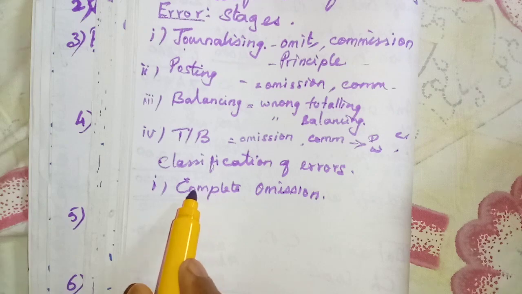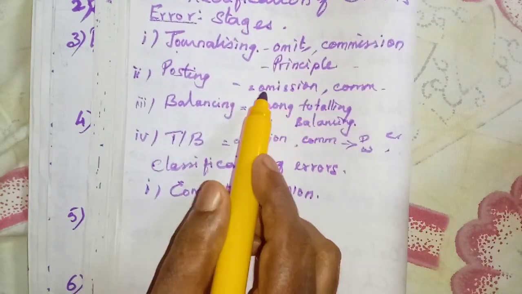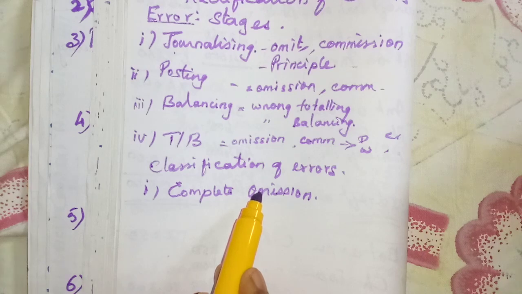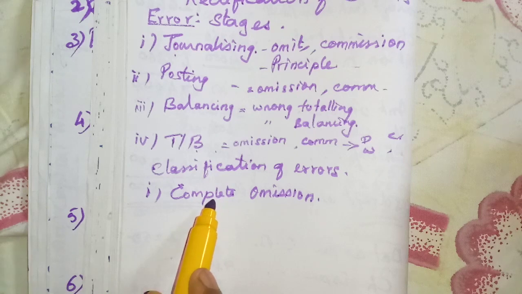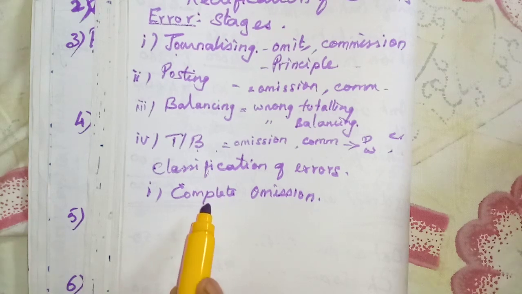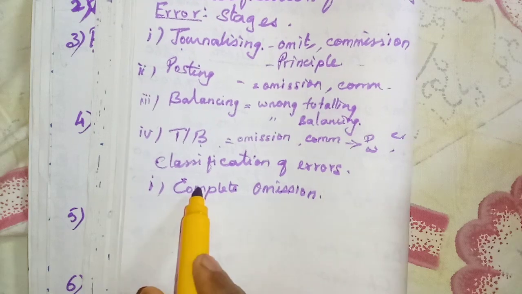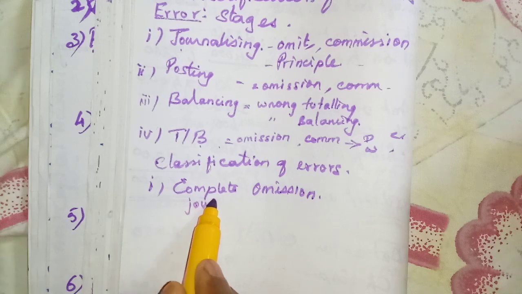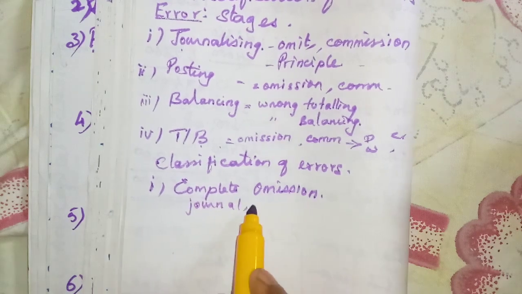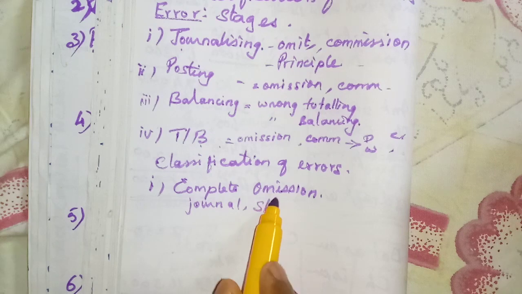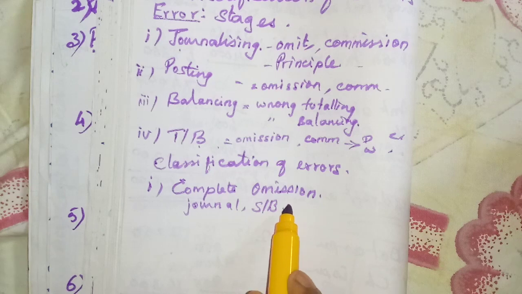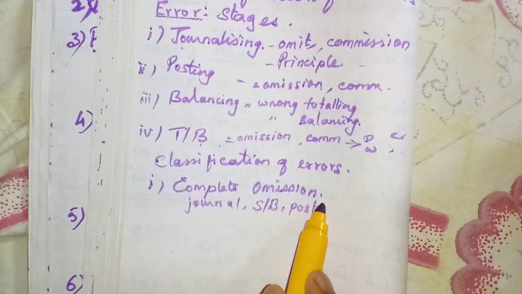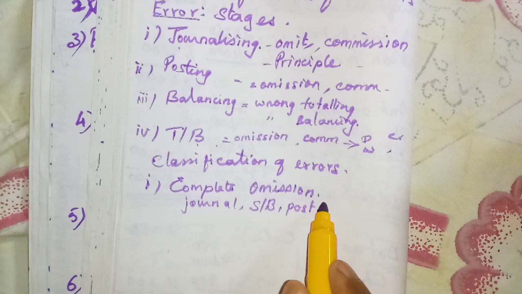In any stage it can happen, isn't it? Omission in posting, and at the time of preparing the trial balance they can also make the omission. So what is the complete omission? It is the failure to record a transaction either in the journal, or in the subsidiary books, or the failure to post both aspects in the ledger.